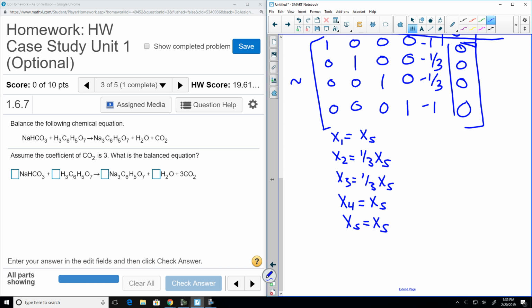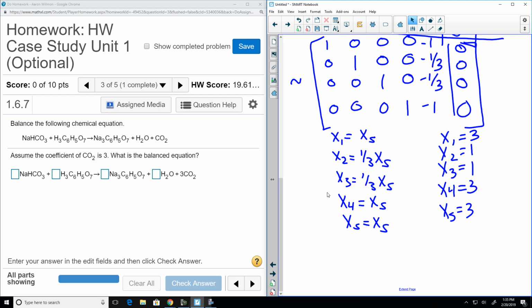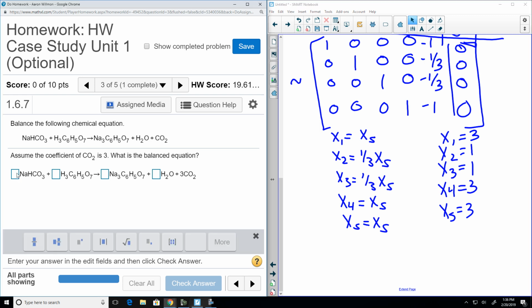And if we let X5 be 3, it means X4 is 3, X3 is 1, X2 is 1, and X1 is 3. So that's how many of each compound is present in this chemical reaction.